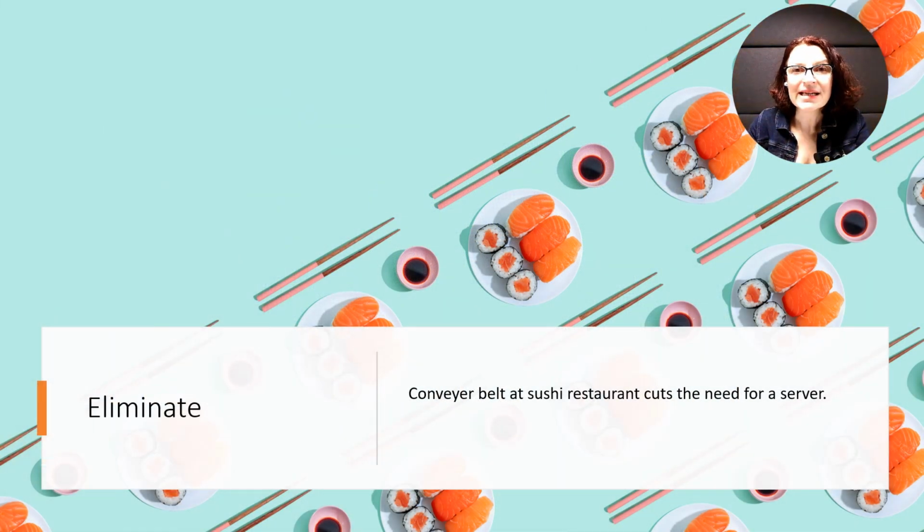More and more, we're seeing self-serve options, including at sushi restaurants. Finding wait staff has become more of a challenge, especially after COVID. And this is another example. Also, you could look at Loblaws or Shoppers and those self-serve options as a way of eliminating part of the process.